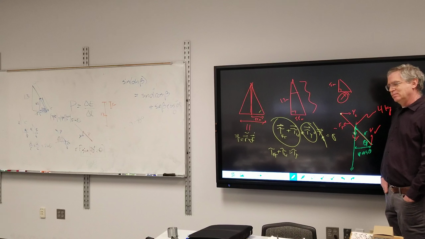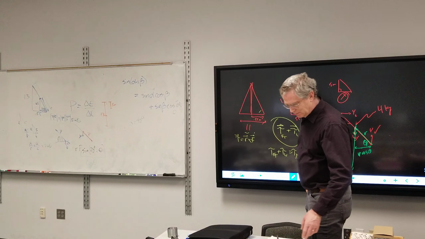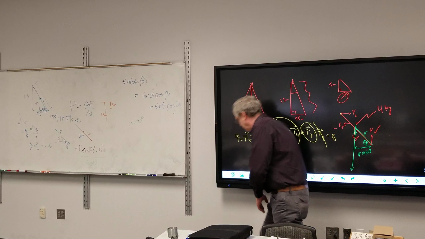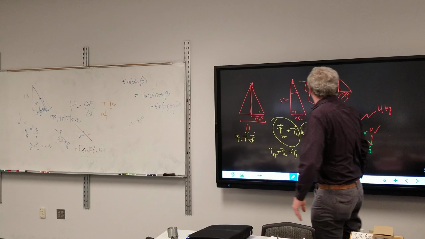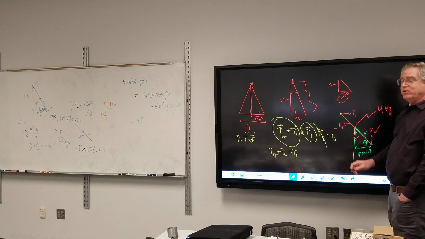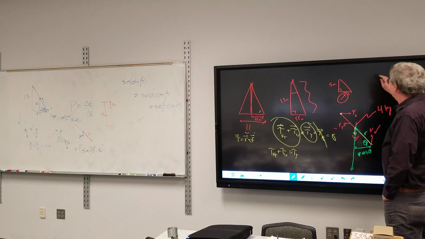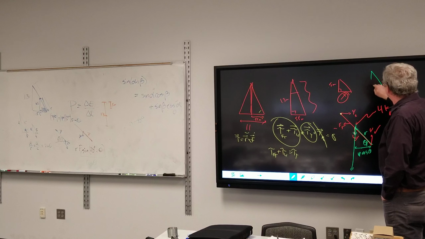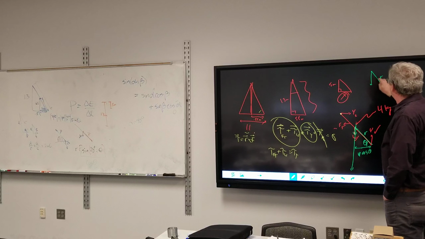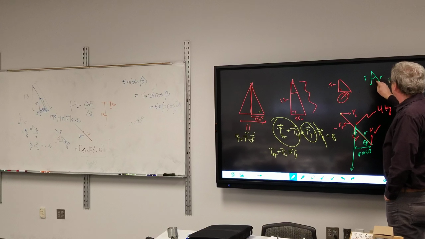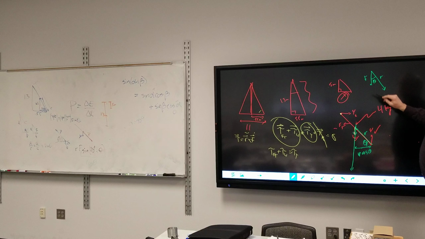Putting the axis of rotation back at the top, R is this way. So R, F, that angle right there would actually be theta prime. This angle down here would be theta. So this would be the complement. So the sine of theta prime would be the same as the cosine of theta.